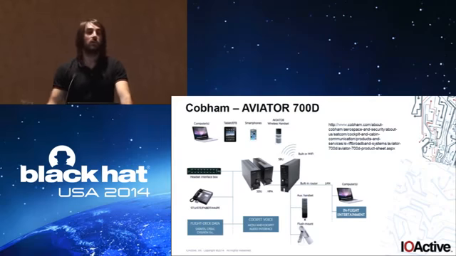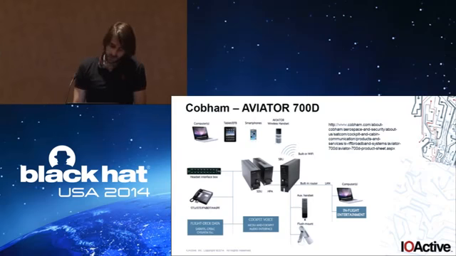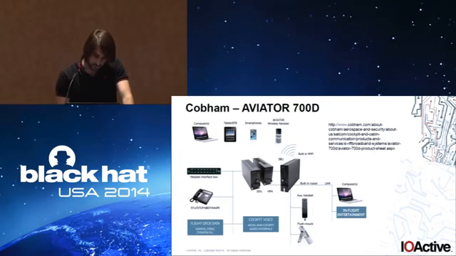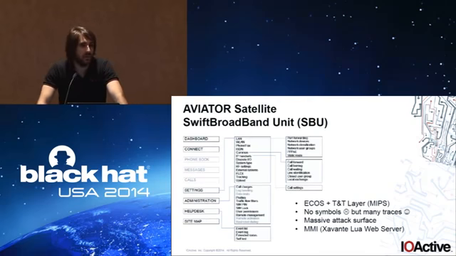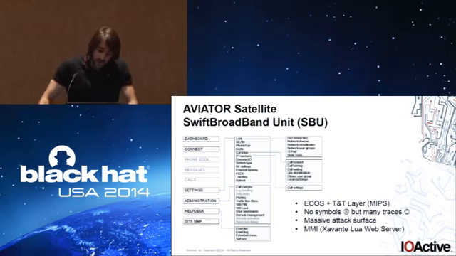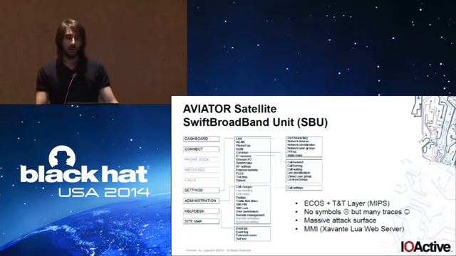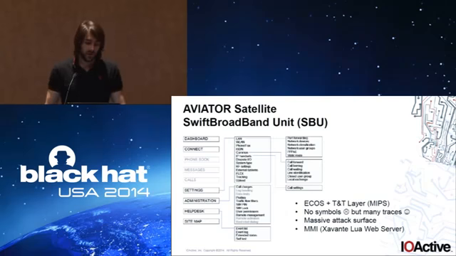So from the security perspective, this unit poses an interesting attack target. Technically, the Aviator SBU can be configured through a web interface, which is based on Savante, a Lua web server.